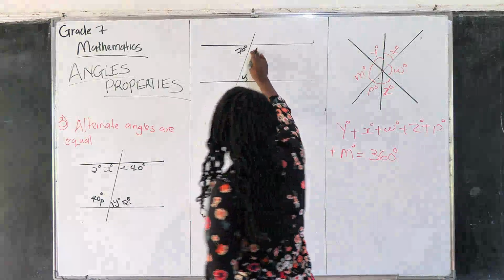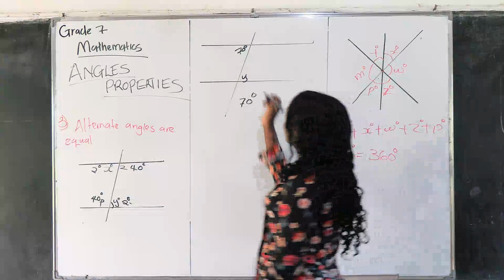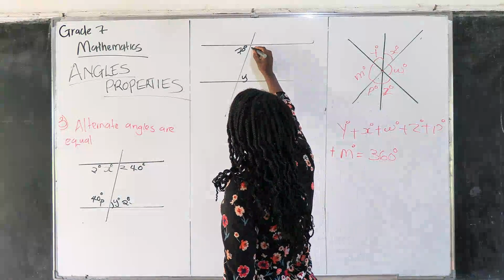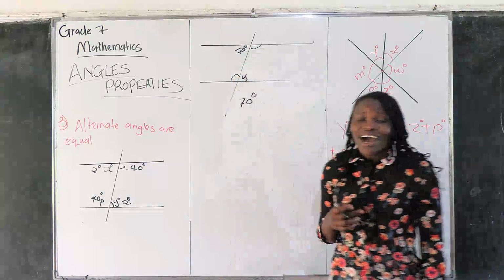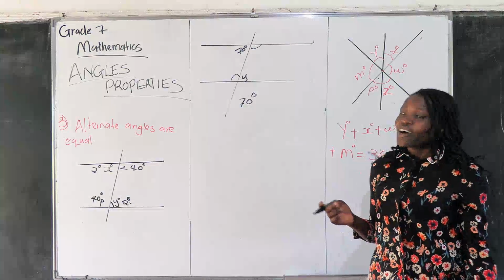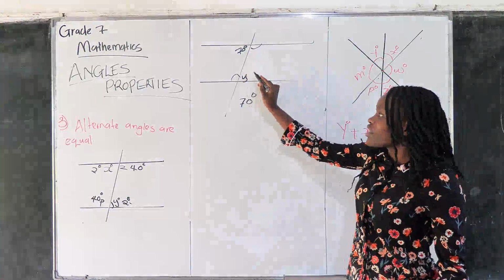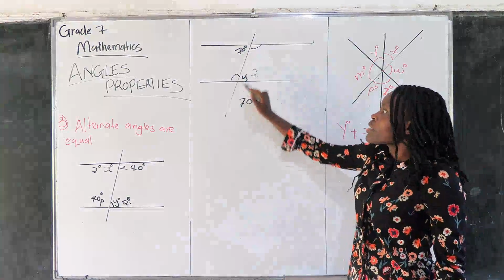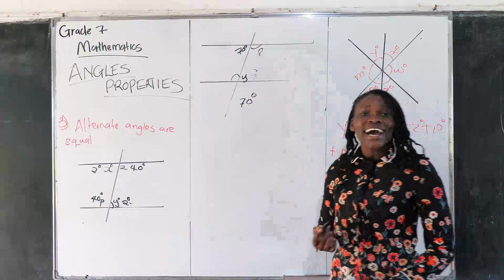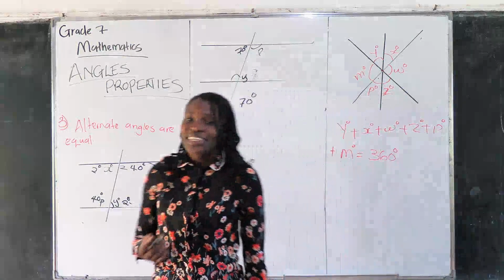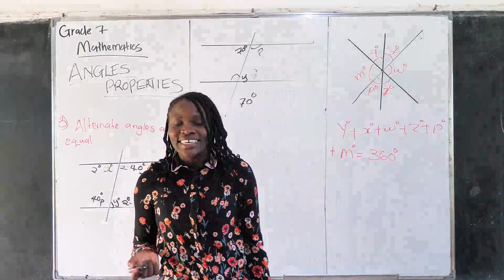We are told to find also this angle and this angle. How are we going to find it? We know that angles on a straight line add up to how many degrees? 180 degrees.